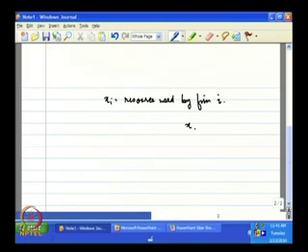So, xi can vary between 0 and 1. This is a natural resource, which means that the total amount of resource available in the entire economy is denoted by 1.